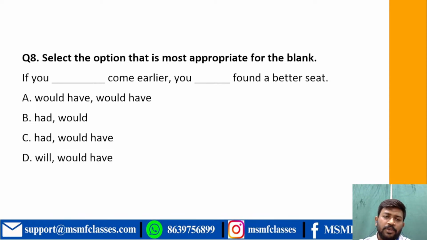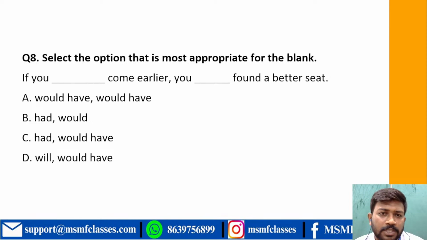We have four conditional statements, and it is among them. The options they have given are: would have, would, had, would have, will, comma, would have. Observe one thing here clearly. The last conditional, that we call type 3 condition. The structure of that is if plus past perfect tense, plus would have or could have we use.